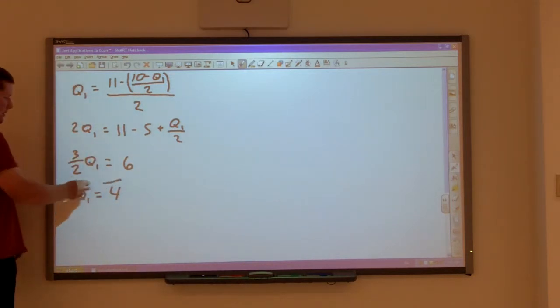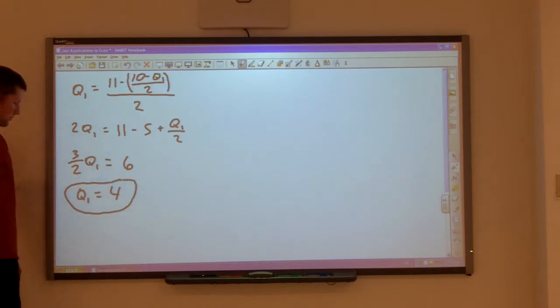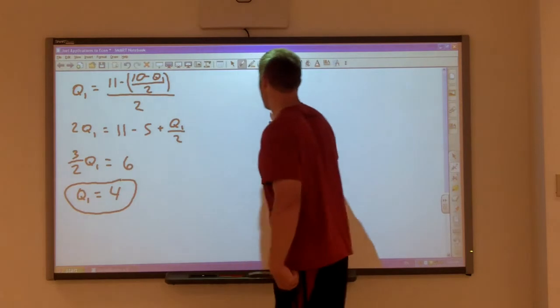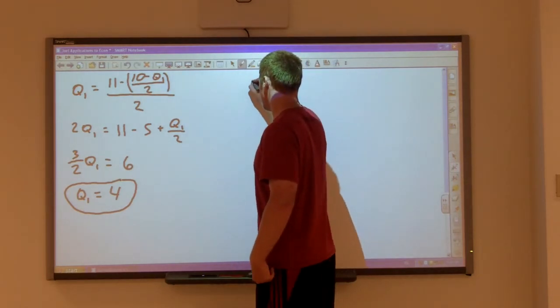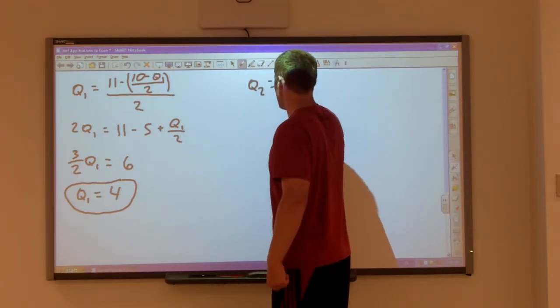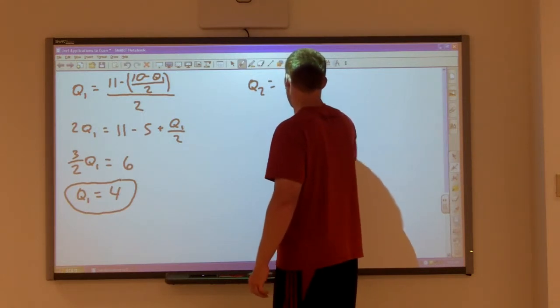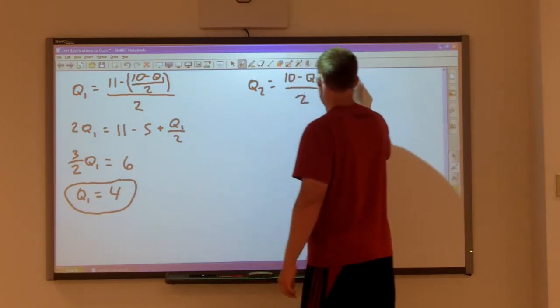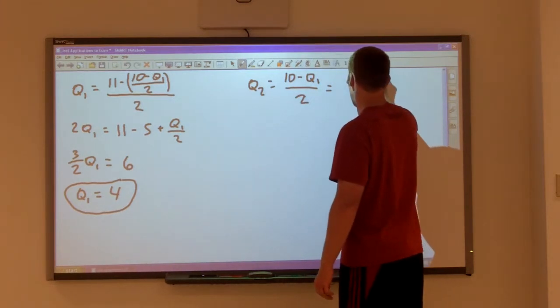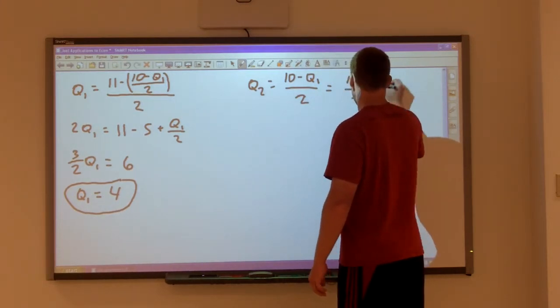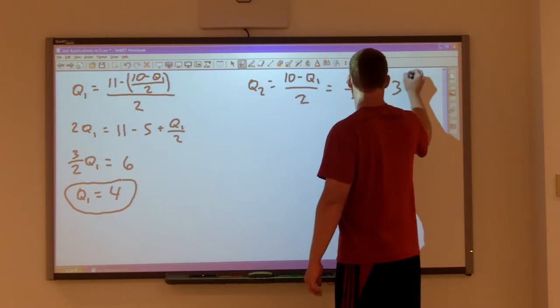This is the quantity that firm 1 is going to produce in equilibrium. We can take 4 and plug it into our equation for Q2. Q2 was 10 minus Q1 over 2, which is 10 minus 4 over 2, which is simply 3.